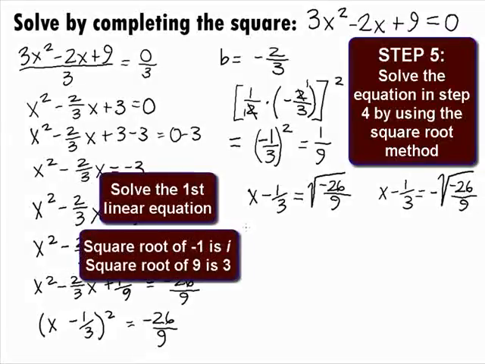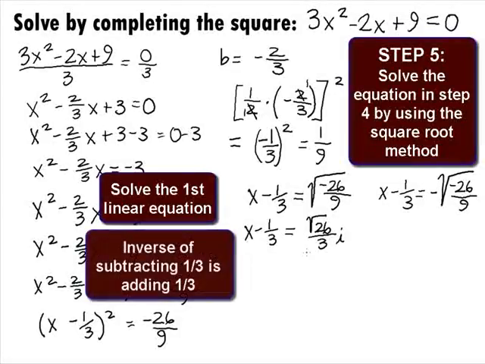In the first equation, we can take the square root of the negative and the 9 and get x minus 1 over 3 equals the square root of 26 over 3i.